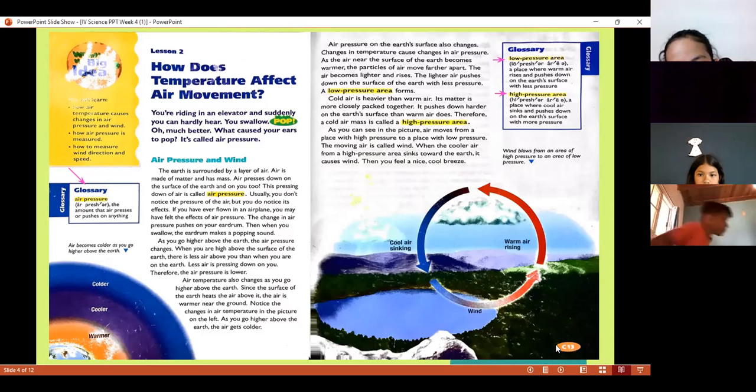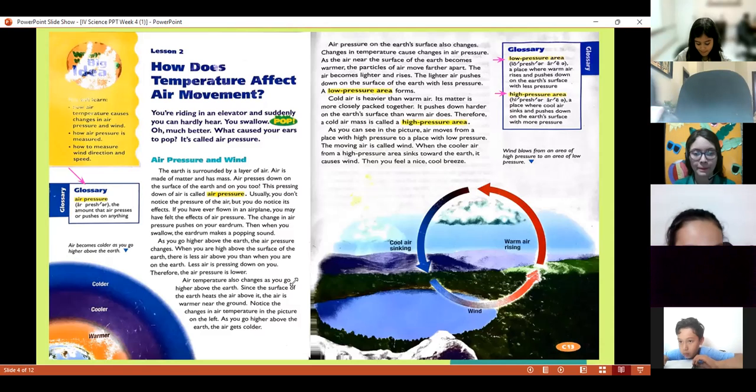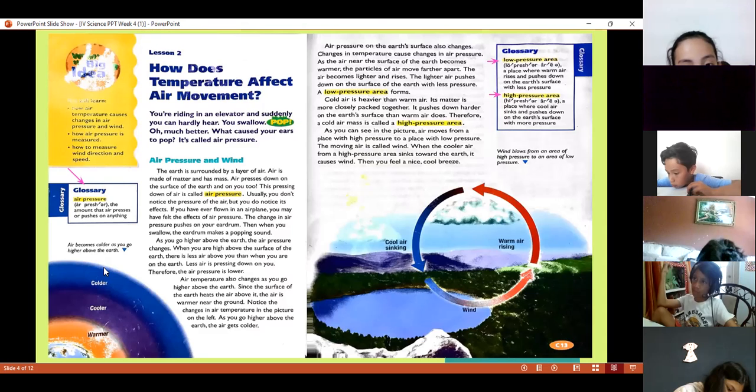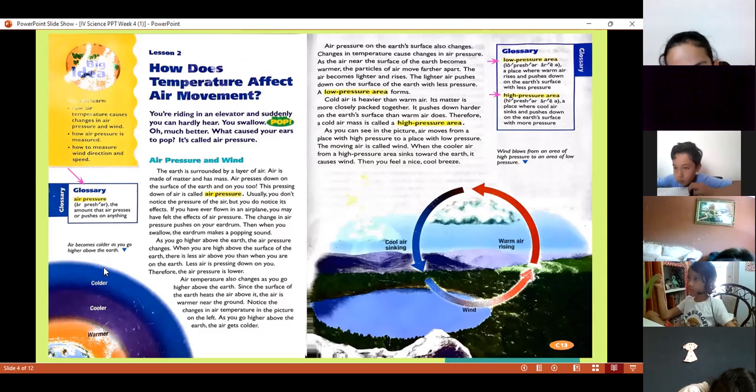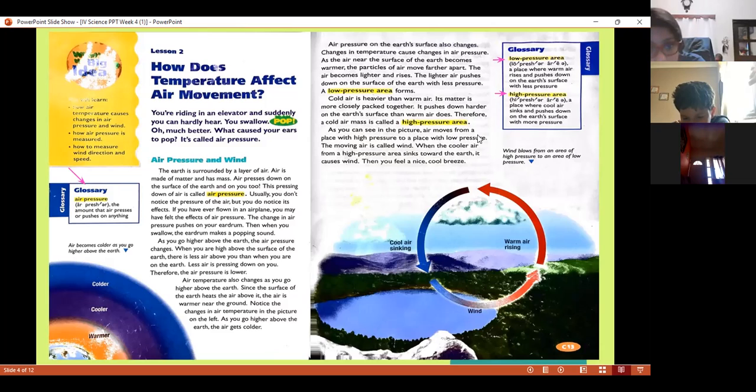Did you finish copying the three definitions, class? What is air pressure? What is low pressure area and high pressure area? It's just a glossary.